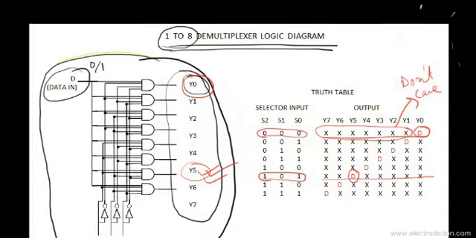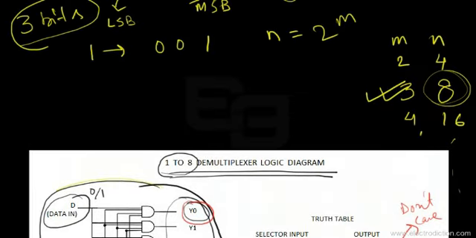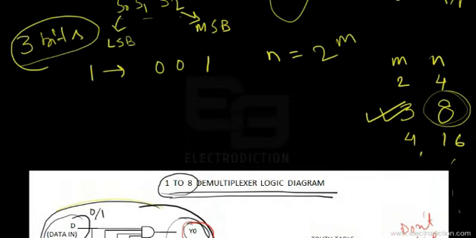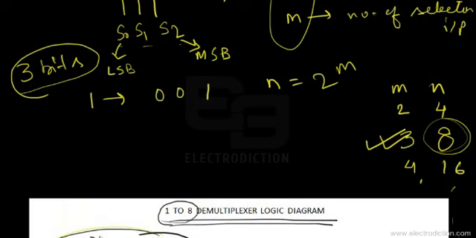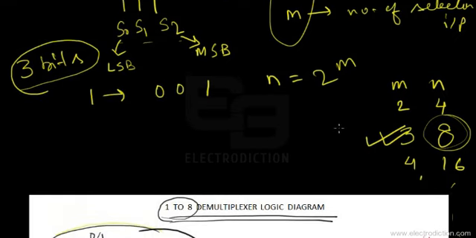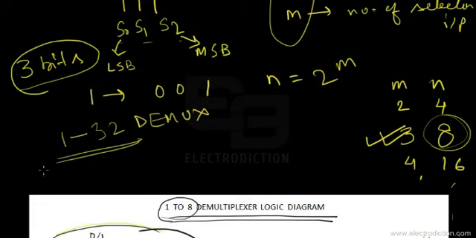Basically I would like to mention that if we require demultiplexers with a greater number of output lines than the ones available in the market, then we would need to cascade them. Let's say we want to make a 1 to 32 demultiplexer. This is generally not available in the market.